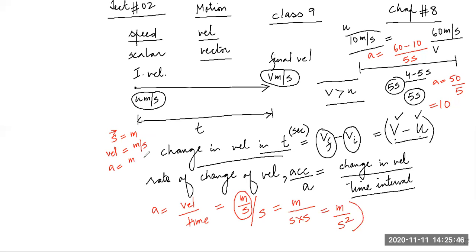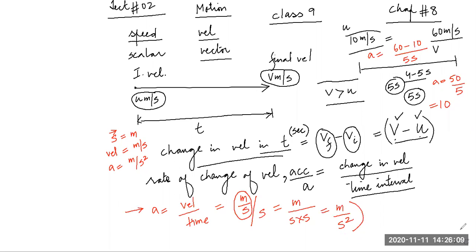Meter per second square. Why? Because velocity is rate of change of displacement, meter by second, and acceleration is rate of change of velocity. So that's why it is meter per second divided by second, so that is meter by second square. Okay, very good learning. I'm happy.